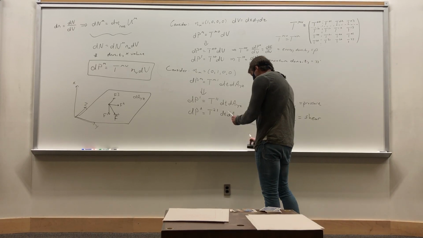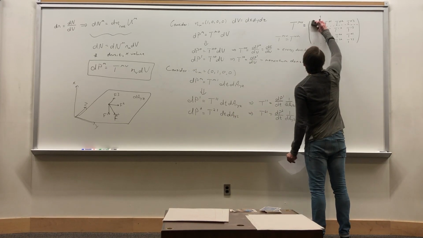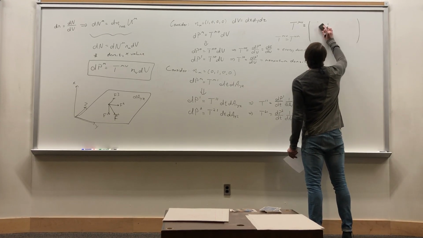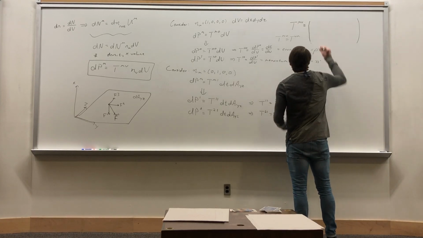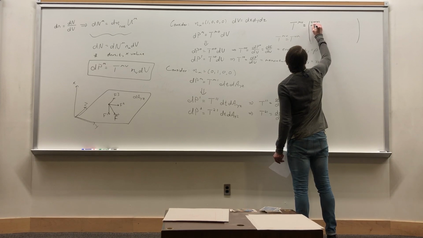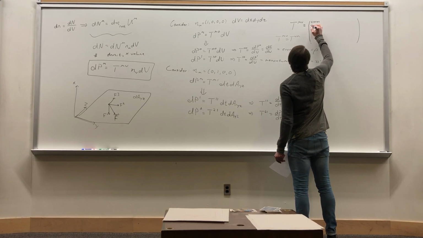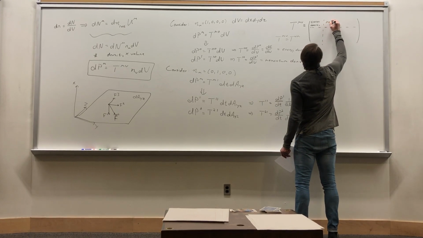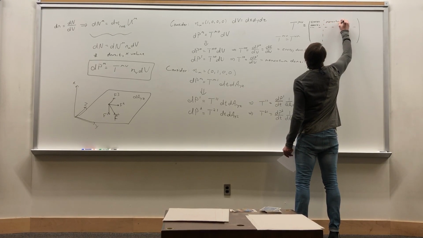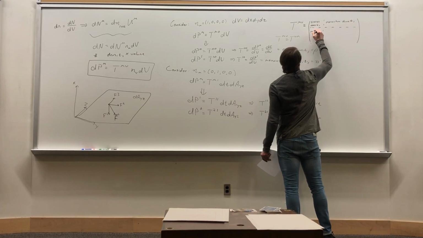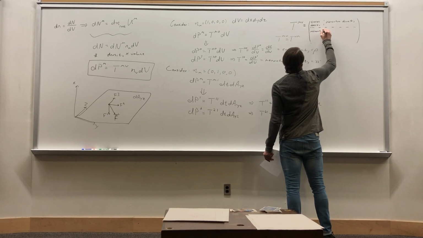So what we have just discovered is what our energy momentum tensor is actually composed of. It is first and foremost composed in this upper left-hand block of the energy density, and then the momentum density, and so too here.